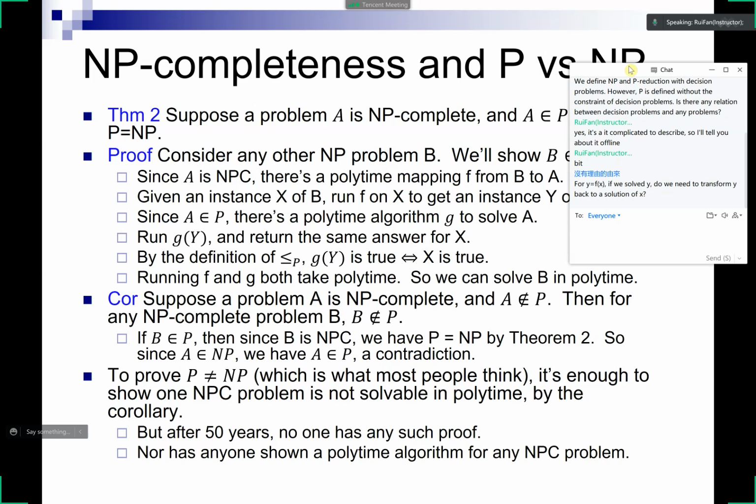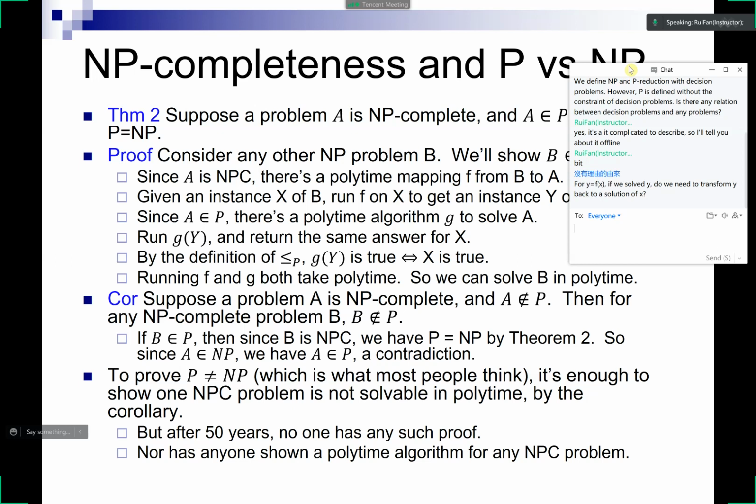NP is usually defined only for decision problems, but there's another class, I think it's called FNP, function NP. Those are defined for non-decision problems where you actually want to find the answer. I don't know the formal definition off the top of my head, but it's basically the same idea as for the NP definition.